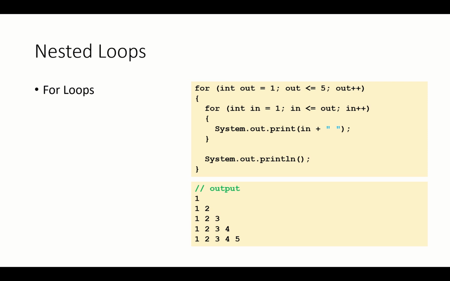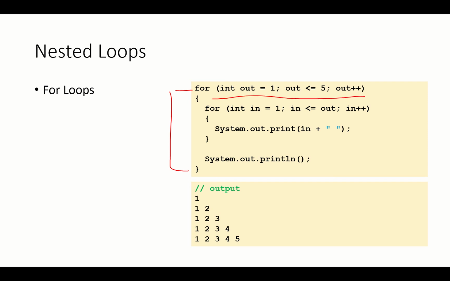Okay, let's do this one together. So basically, what you need to do first, you need to know how many times this loop runs, the outer for loop. Okay, how many times?